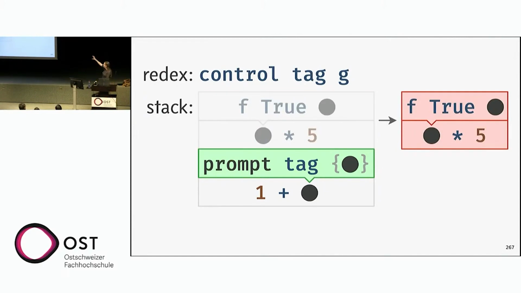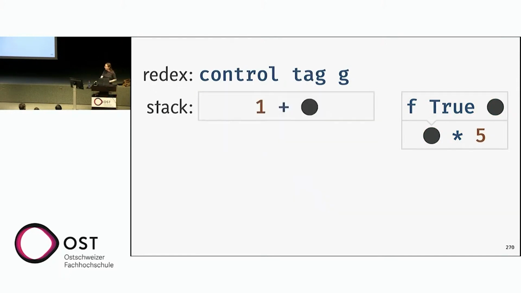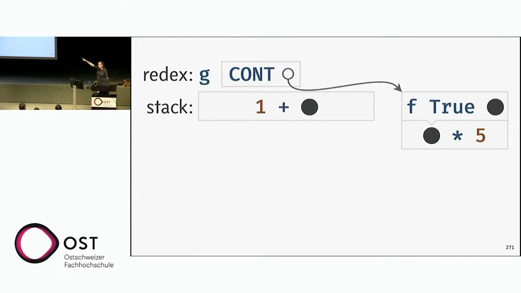We have literally taken these stack frames, copied them into the heap, removed them from the stack, and also removed the prompt from the stack. Now we continue execution by replacing that control operation with G applied to some heap object, which I'll call cont here, which contains a pointer to those heap-allocated stack frames. And that's it. That's all we have to do to implement continuations.